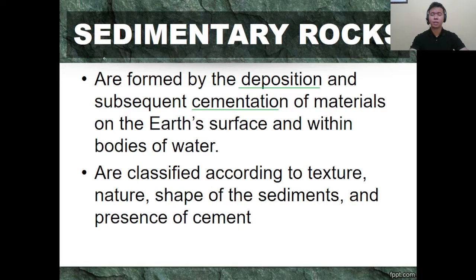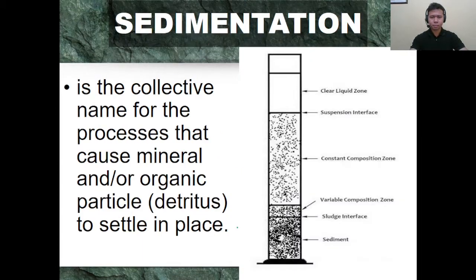We are referring to sedimentary rocks. So sedimentary rocks are classified according to texture, nature, shape of sediments, and the presence of cement. Okay, so sedimentation is the collective name for the process wherein a mineral or organic particle settles in place.